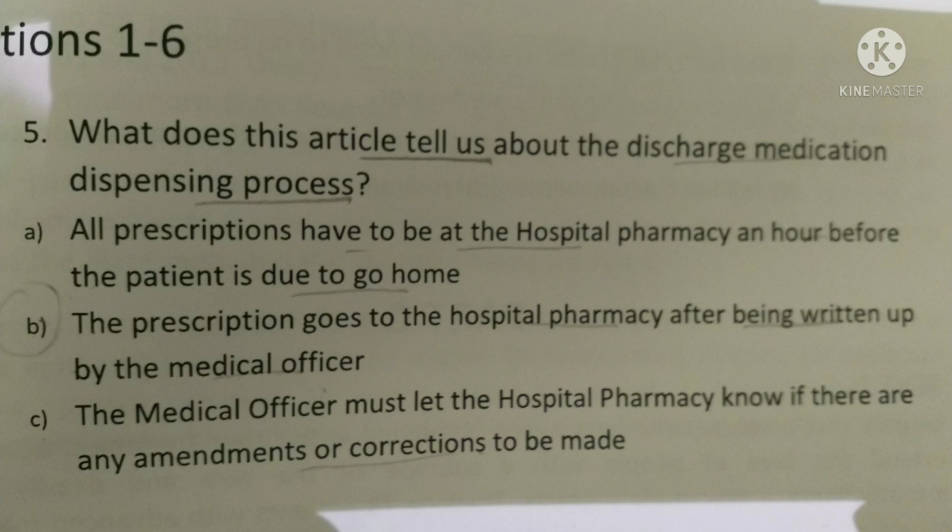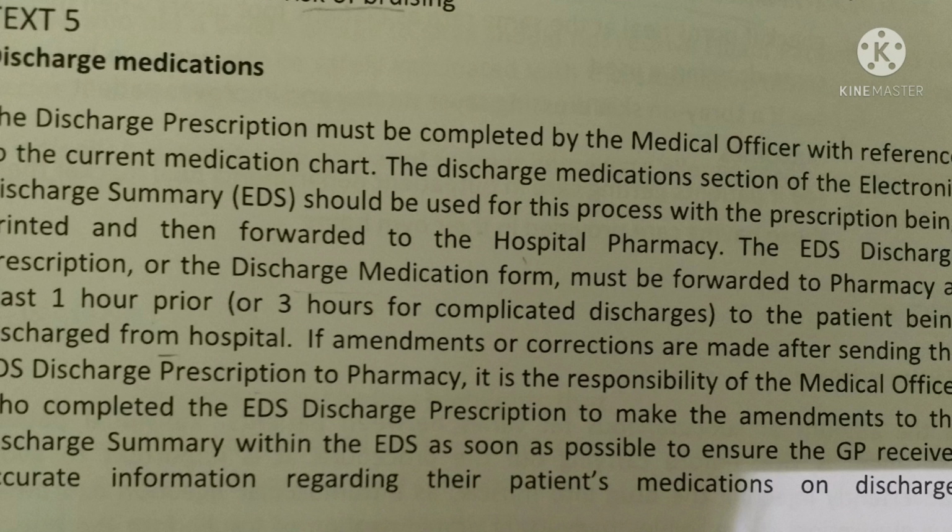That is the practice we observe in our unit. Option C, the medical officer must let the hospital pharmacy know if there are any amendments or corrections to be made. They can make amendments and see them in the system, but it's not their responsibility to inform the pharmacist, isn't it? So let's read the text and see.